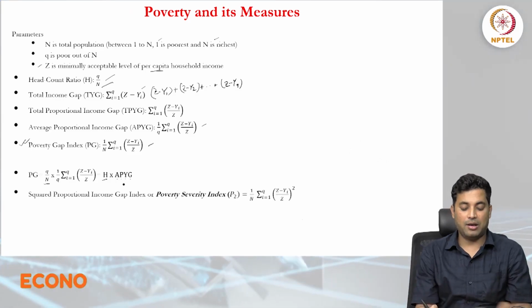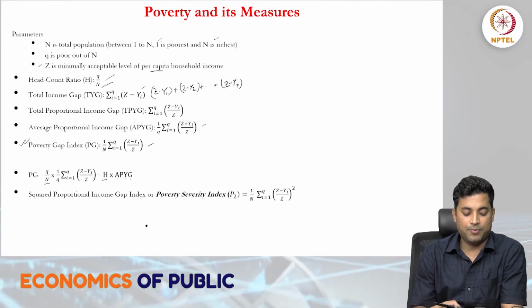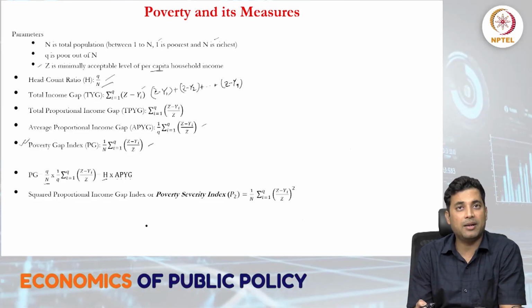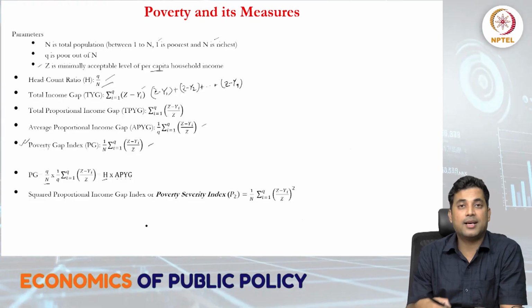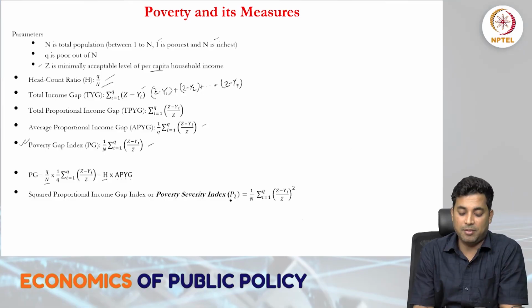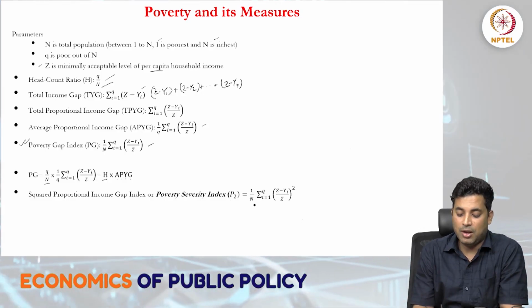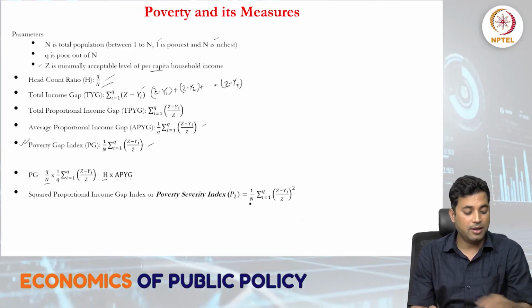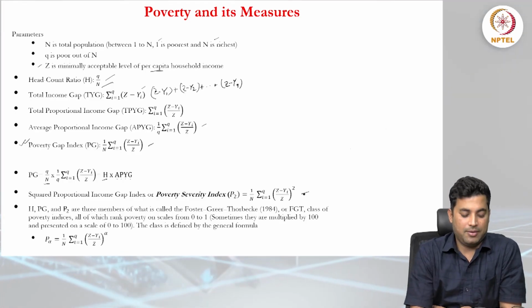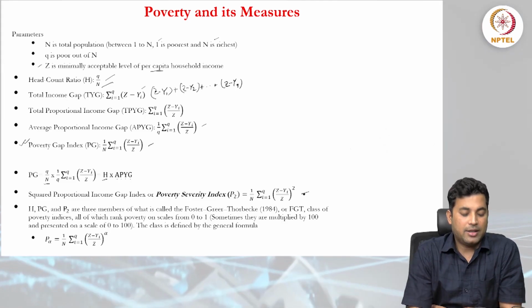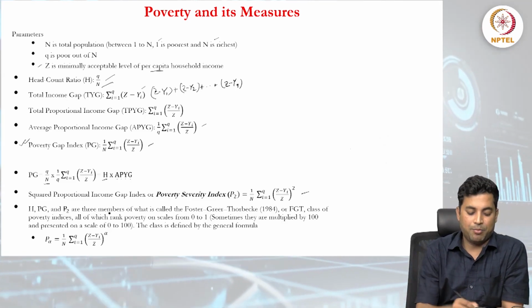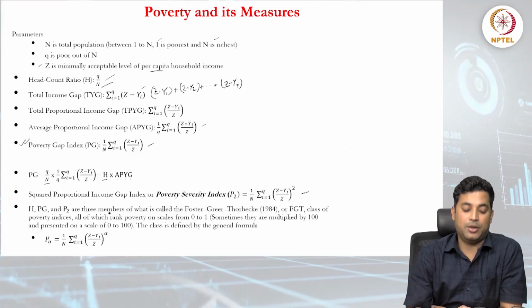Now if we take the squared proportional income gap index to understand the severity of poverty, we refer to it as P2. So H, PG and P2 are the head count ratio, poverty gap, and squared proportional income gap index.